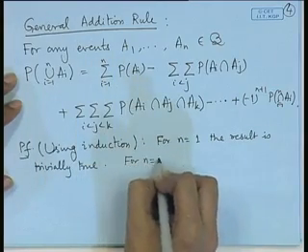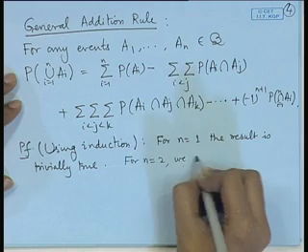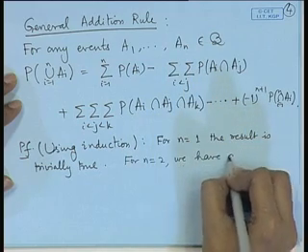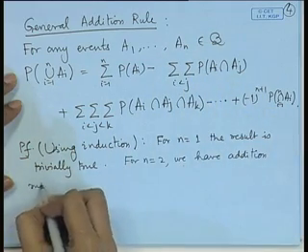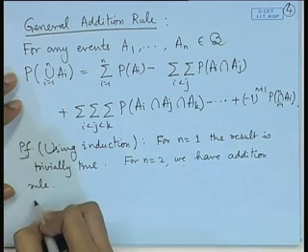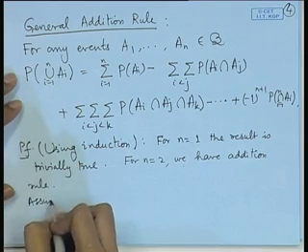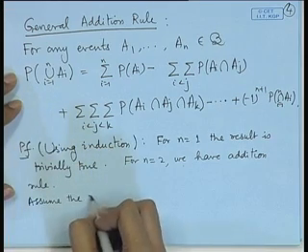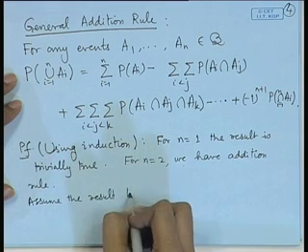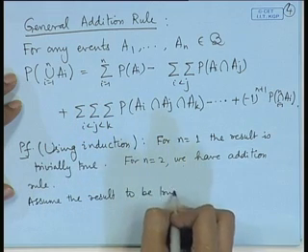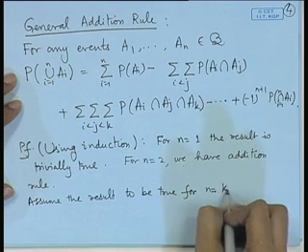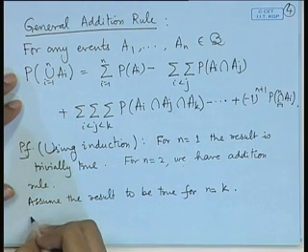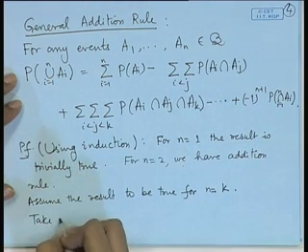For n equal to 2, we have the addition rule. Now, assume that the result is true for n equal to k. Now, take n equal to k plus 1.